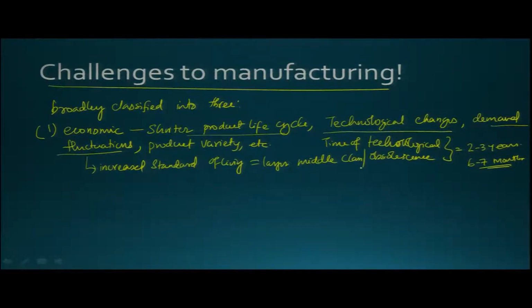In earlier days, for example, take the air conditioner. It used to be a luxury, and nowadays it has become a necessity for many people. So this is an example of how demand fluctuates. In earlier days, the demand for air conditioners in India was very small. Now during the summer season, the air conditioner demand goes through the roof because more people can afford one.